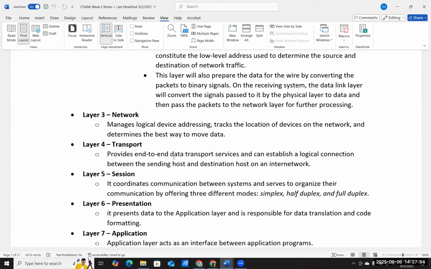So when you're opening up your browser, Chrome or Edge, and you type in a URL, you're actually going through all of these layers, and you're using your browser, which is at the application layer. At the application layer, it actually gives you the website that you see.